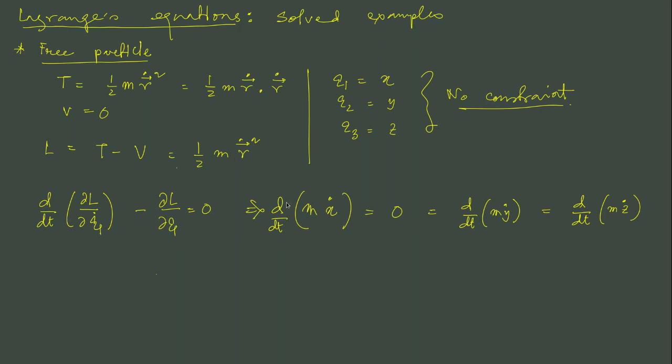If you just calculate for one, you will get all others because all are symmetrical. So, the rate of change of m x dot, which is the momentum along the x direction, is 0. Which means the momentum along x is conserved, so is along y and z. So, free particle, that is a standard result, except we did it from the simple Lagrangian.